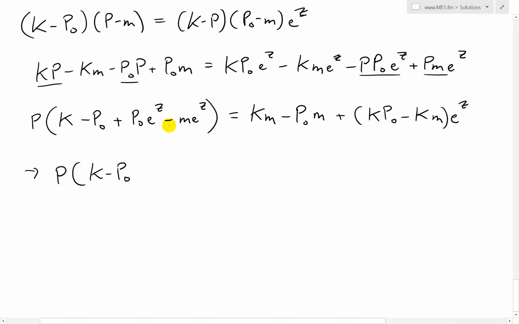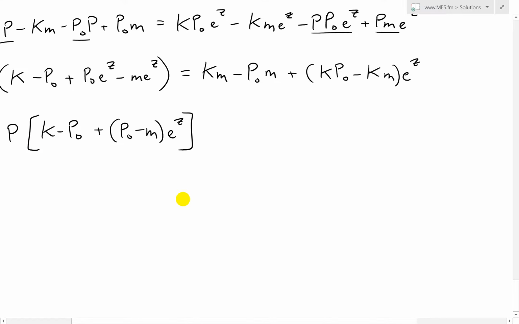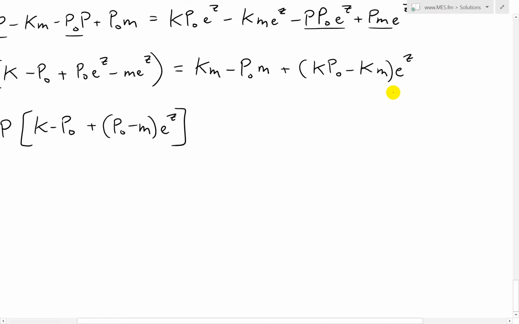And now this e to the z, we'll factor that out. So we're going to have a plus, we have a p0, take the p0 and m out, so negative m, factored out with the e to the z, like that. I'll put square brackets around this one. And then on the right side, let's just factor out further. This equals, take the m out, so factor the m out and put that in front.